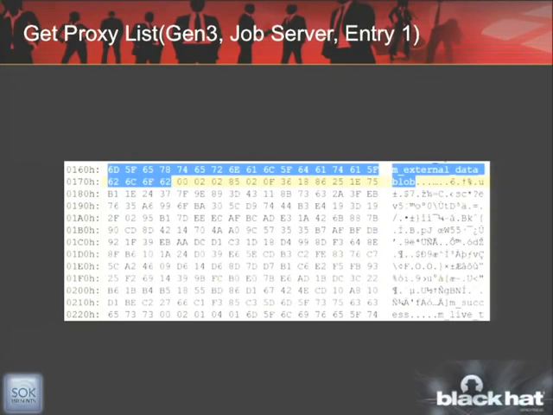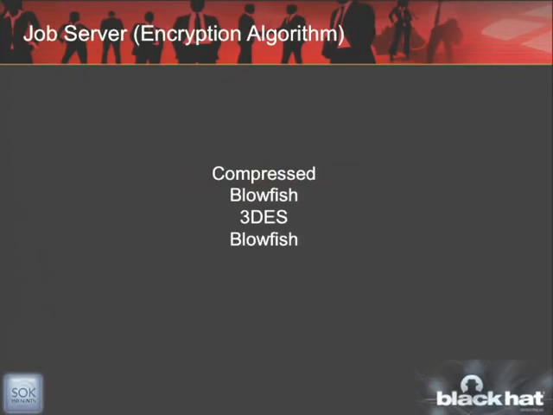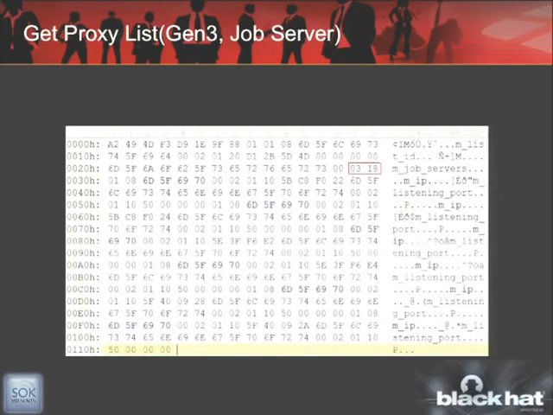This time, under the external data block, there is some data that seems random, but it's actually encrypted with the same algorithms: compressed, Blowfish, 3-DES, and Blowfish. After decryption and hash replacement, it shows this. Still 6 job servers there.